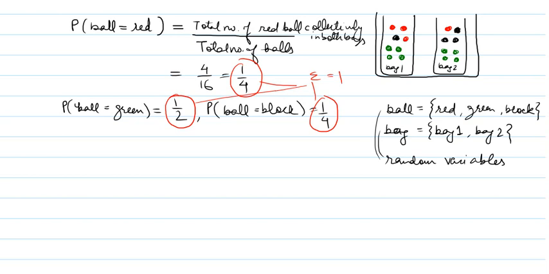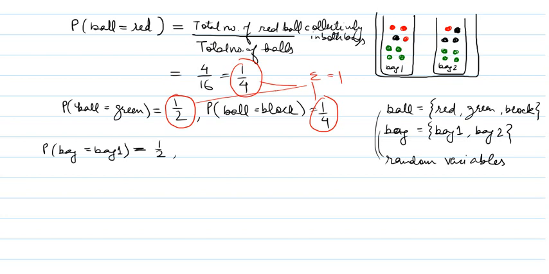Before going to P of ball is equal to red, let's take P of bag is equal to bag 1. We are having only two bags, there is no discrimination between the two bags, both are identical, so we have the probability as half.